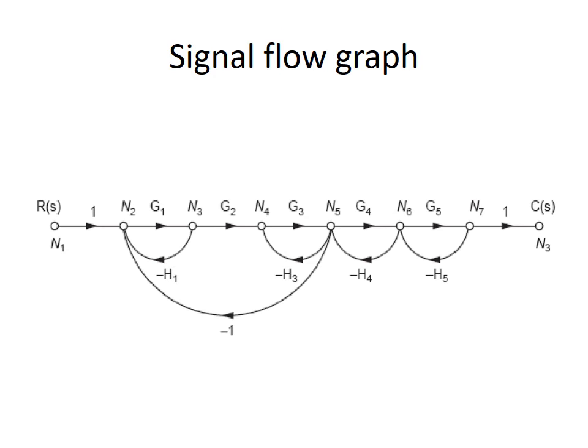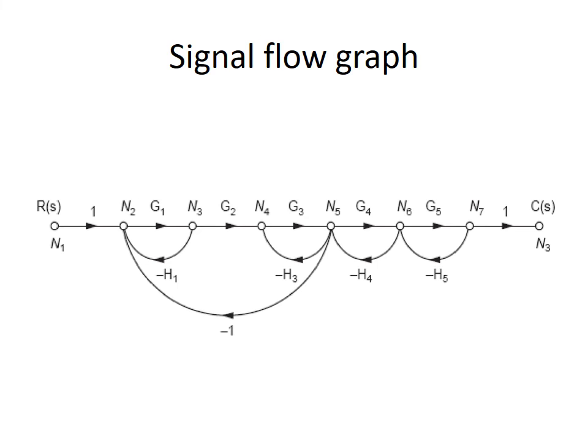One more possible combination is G1 H1 and G5 H5. You can also have a combination of three non-touching loops, that is G1 H1, G3 H3 and G5 H5.